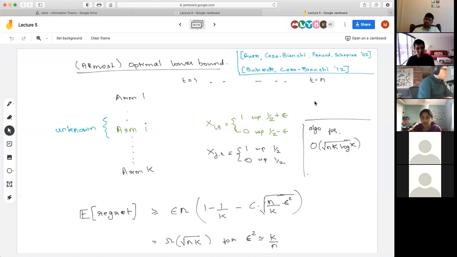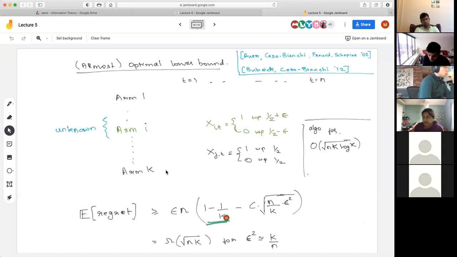What I'll do is a toy version of this, which captures essentially all the ideas and has a bound of this form. One way to think about this bound, and the way we will emphasize, is this. If you were to just guess which is the arm which has this special reward, and you guessed it correctly, then you would presumably do epsilon better than if you didn't know anything. And if you were to just guess at random, you would have a probability of 1 minus 1 over k of being wrong.